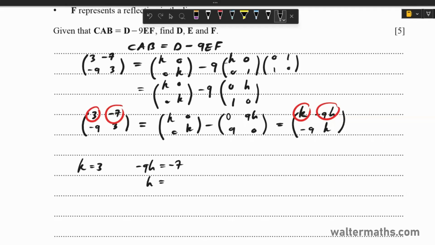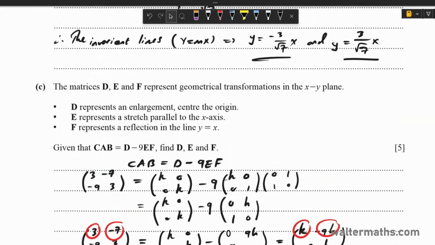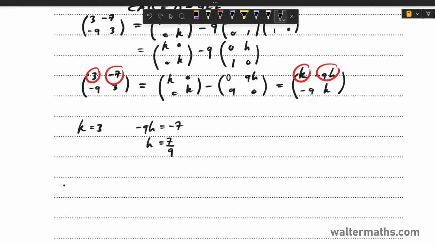So H is equal to 7 over 9. Therefore, the matrices will be, let's start with D. D was K, 0, 0, K, but in place of K, we're going to put 3.